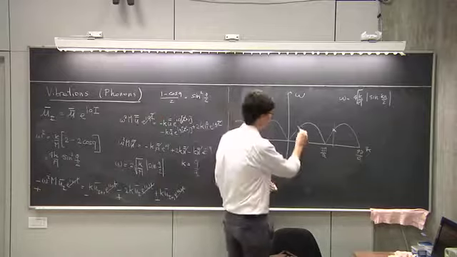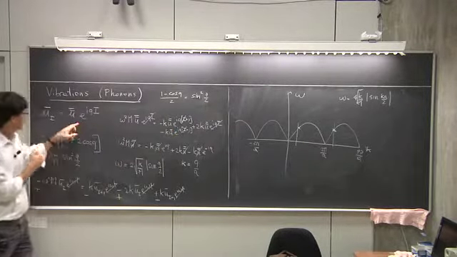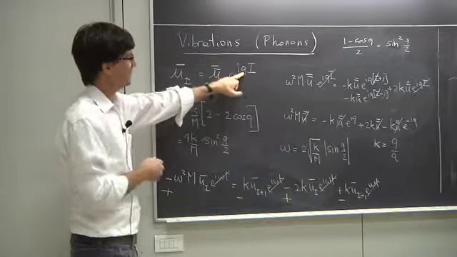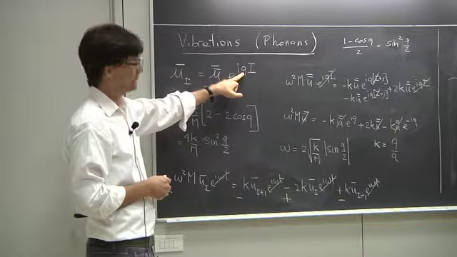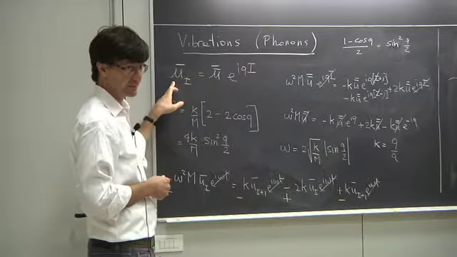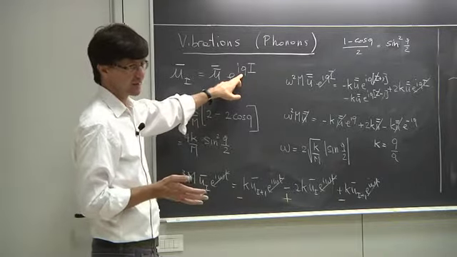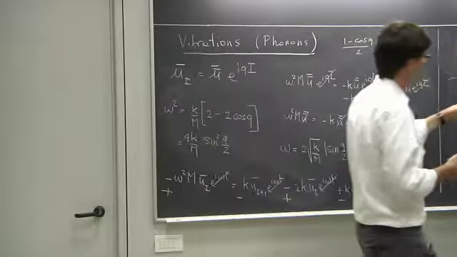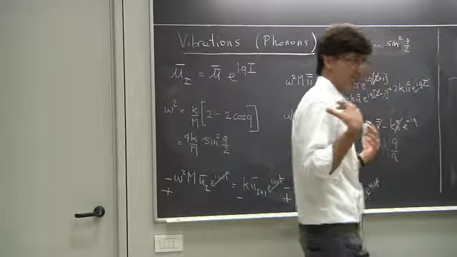This solution here, is it the same or not? Well, we have to check, right? This is the solution. If q goes into q plus 2 pi times n, this function is exactly the same. So not only the frequency is the same, but the solution itself is the same.